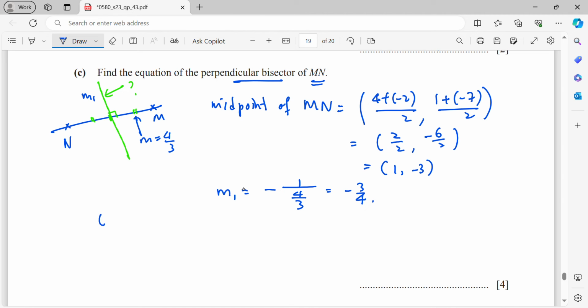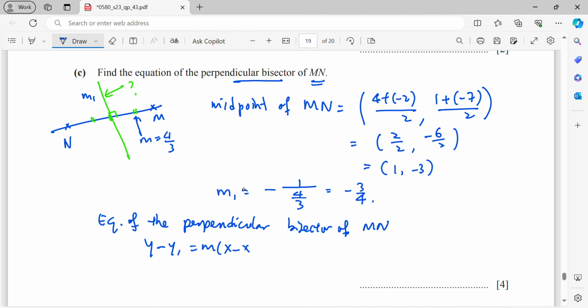Now, the equation of the perpendicular bisector of MN, which is a straight line: y minus y1 equals m times (x minus x1). Now your point will be (1, -3) and m is negative 3 over 4. So y minus y1 is y plus 3, m is negative 3 over 4, then (x minus x1).